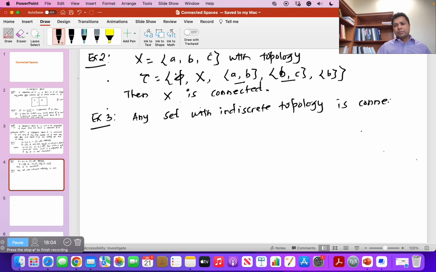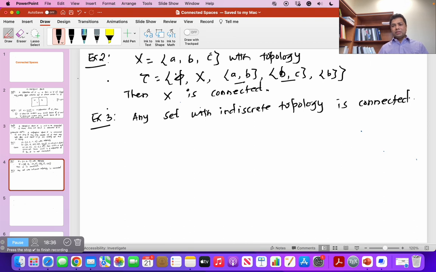This is because if you look at the second definition of connected space, it tells us that a topological space is connected if the only both open and closed sets are the empty set and the whole set X. And if you have an indiscrete topology, the topology has only two elements, which are the empty set and the whole set.